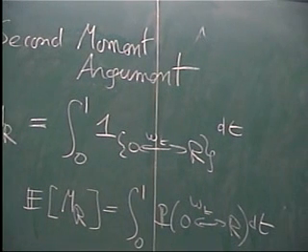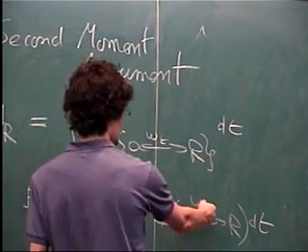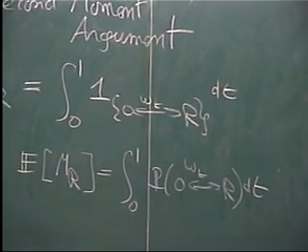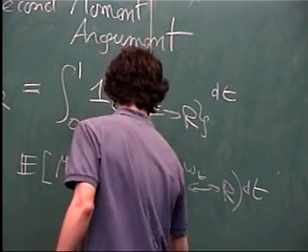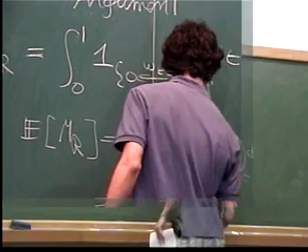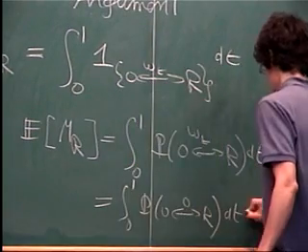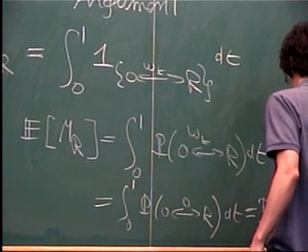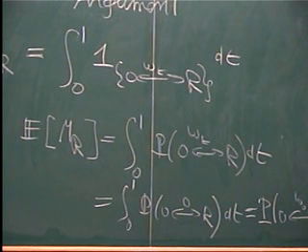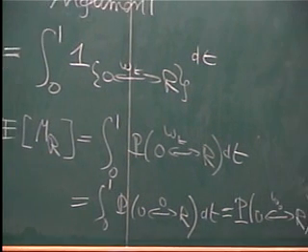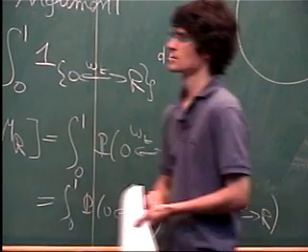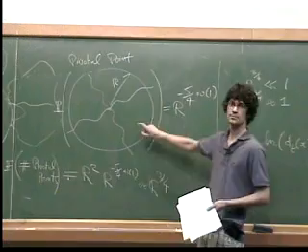Right? But the critical measure is invariant with the time, so this is just the integral from 0 to 1 of this probability at time 0. So this is just the probability. Right? And what is this probability? This is one of these critical exponents. So I stated one before, which is this one.